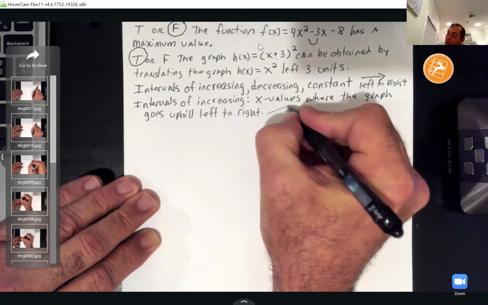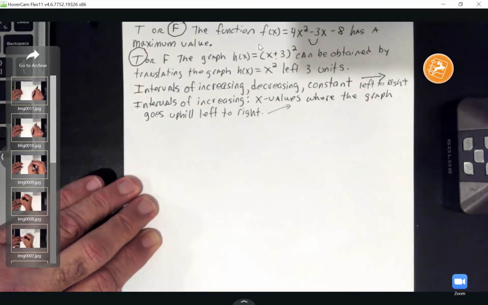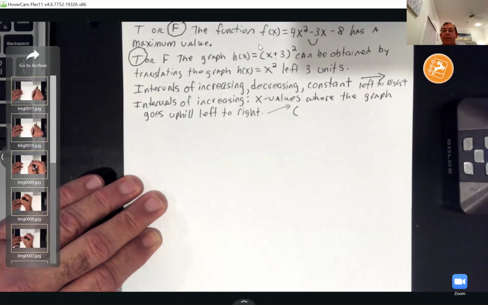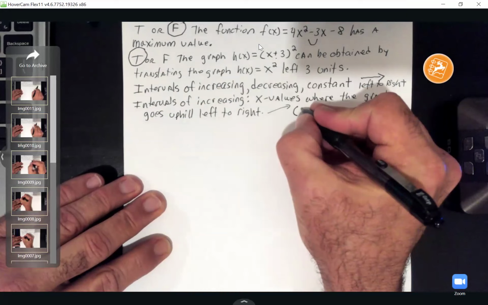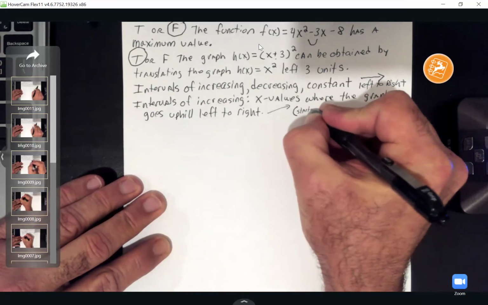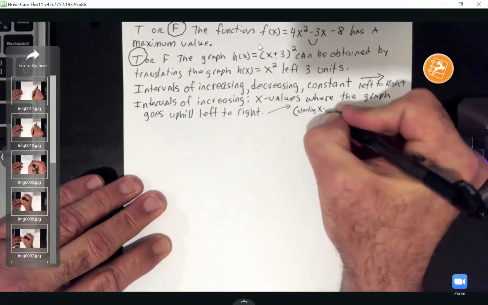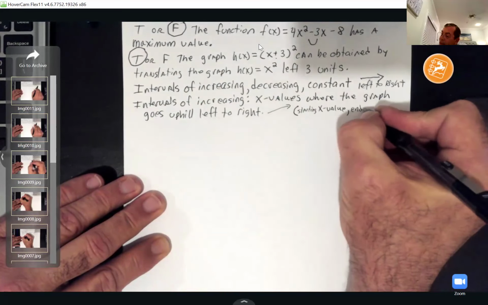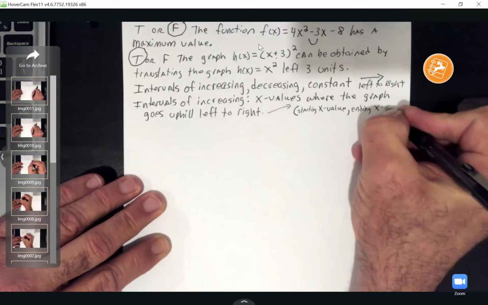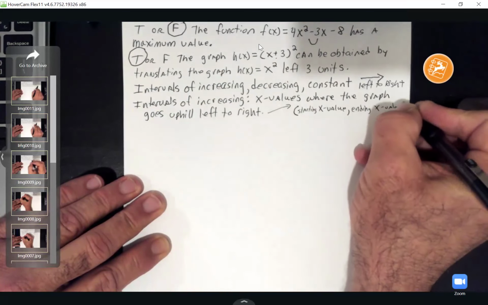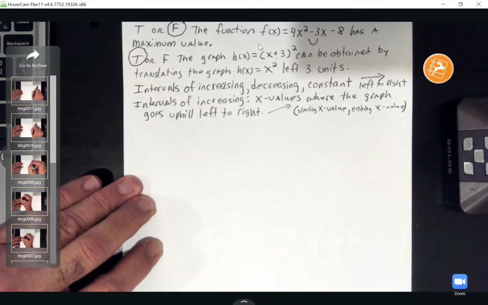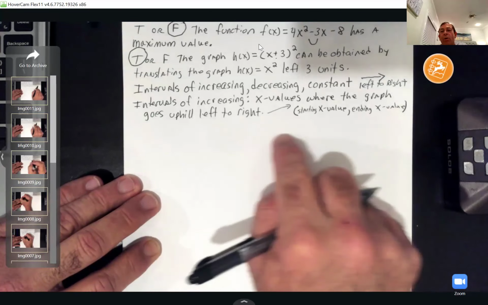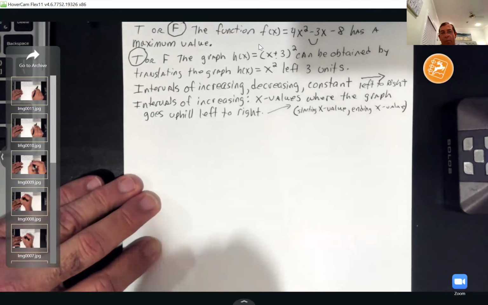In the interval, we'll have parentheses, the starting x value, then the ending x value. I don't care about y values. I only care about where on those x's my graph is going uphill.